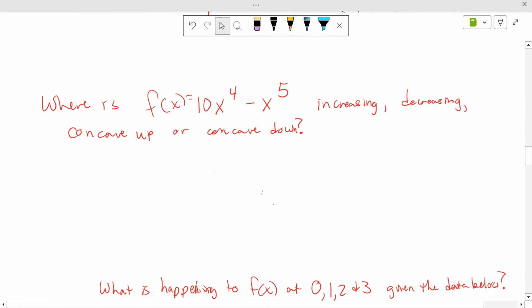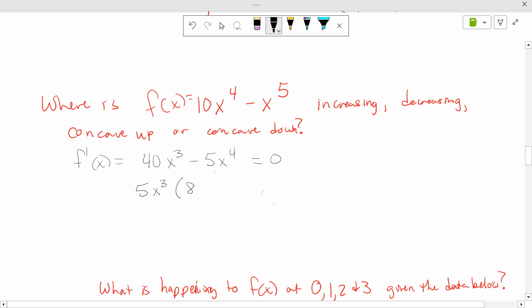Where is this increasing, decreasing, concave up, concave down? I want to know all of it for this one. So what do we do first? First derivative of this equals 40x to the third minus 5x to the fourth. Set the first derivative equal to 0. Factor out 5x to the third.